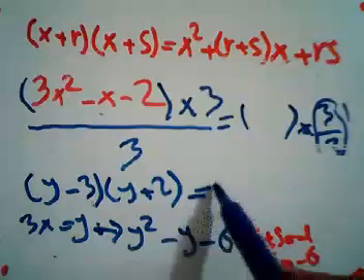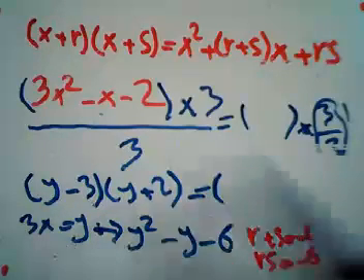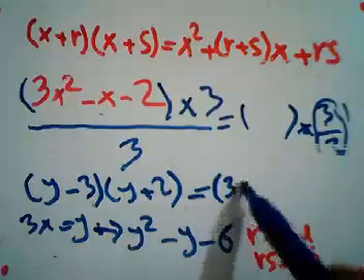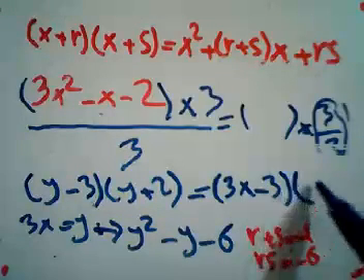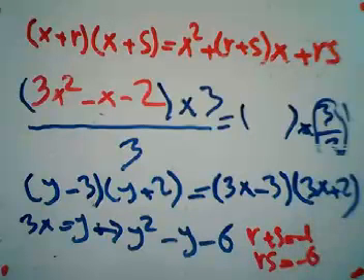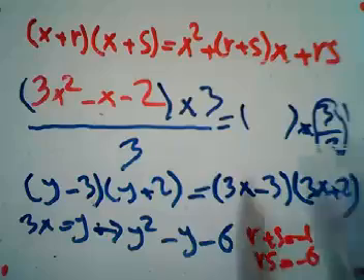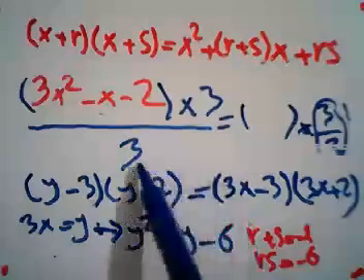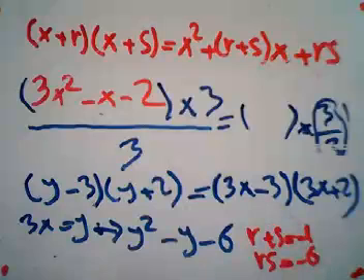Now writing it in terms of x, that would be 3x minus 3 times 3x plus 2. Okay, and it was the denominator, so we should divide it by 3 also.